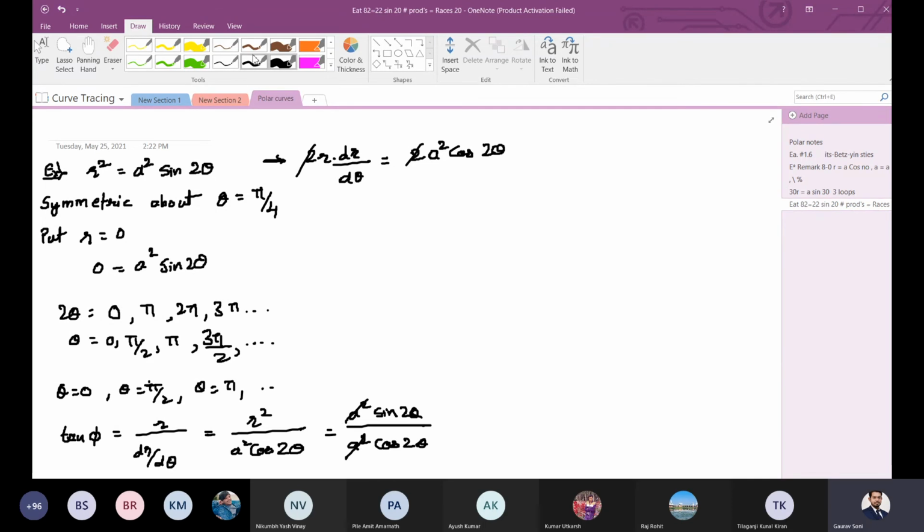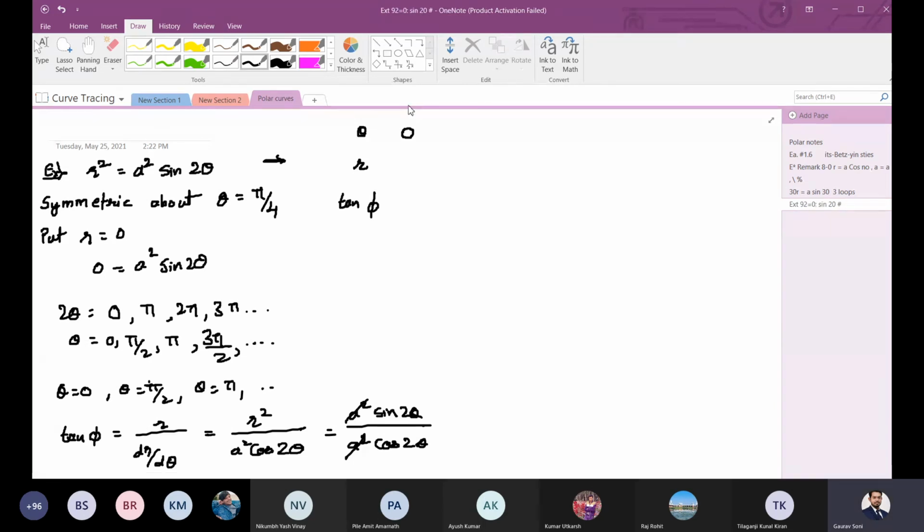Let's make the table. In the table: theta, r, tan phi. Theta is 0.